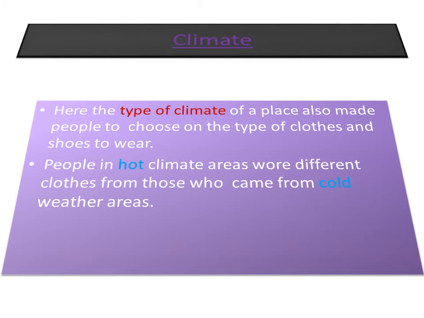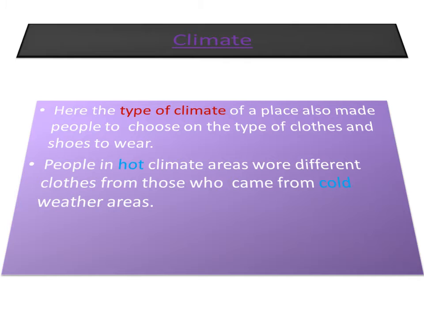Then we move on to the climate. We want to talk about the climate. You may be asking yourself, why are we talking about the climate? Here we are talking about the climate in relation to the type of clothing people were supposed to put on.